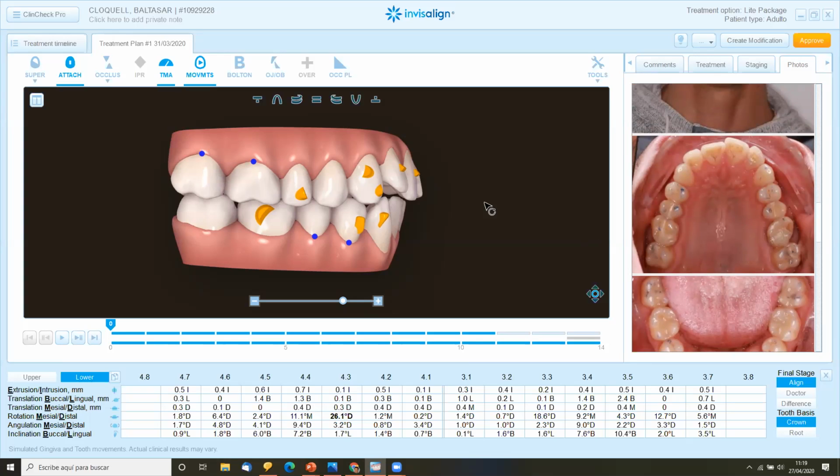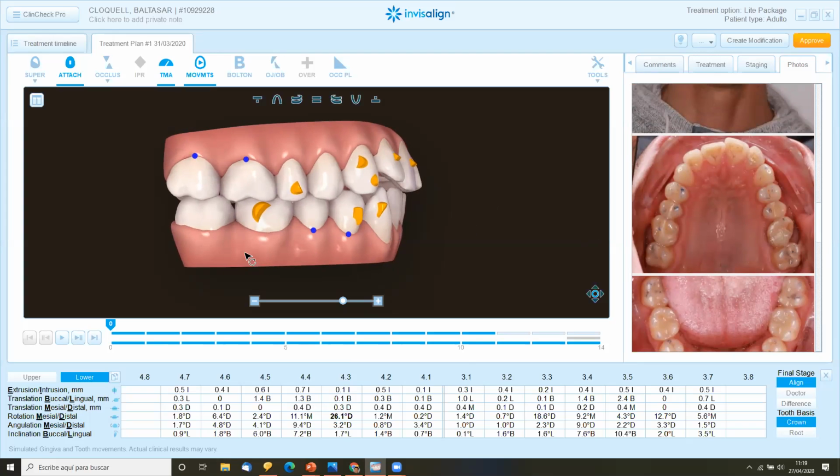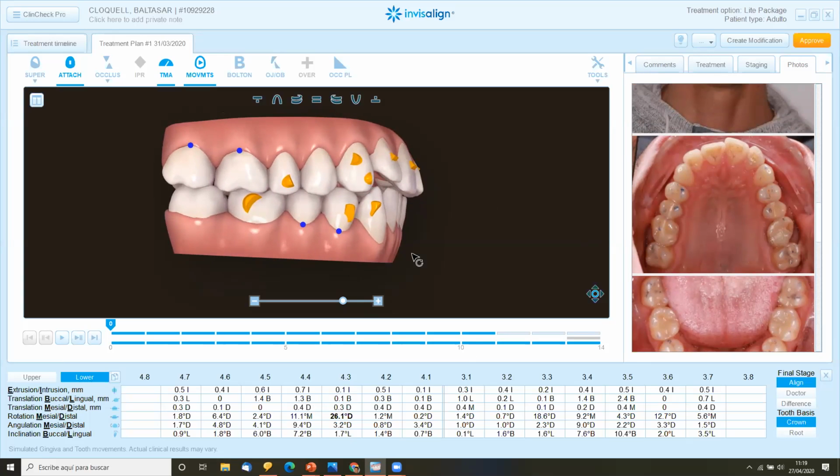I have decided, and I'm sure that the doctor that is the owner of this patient, she agrees with that. I'm deciding that I'm not moving the molars, okay?